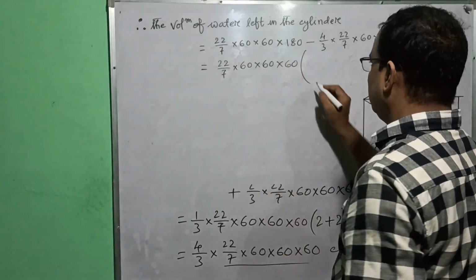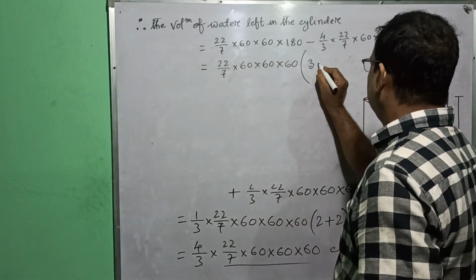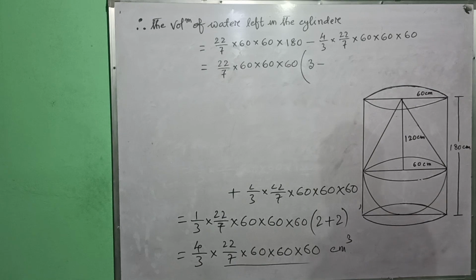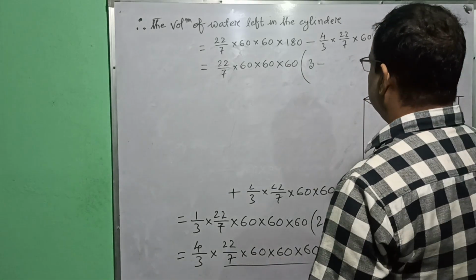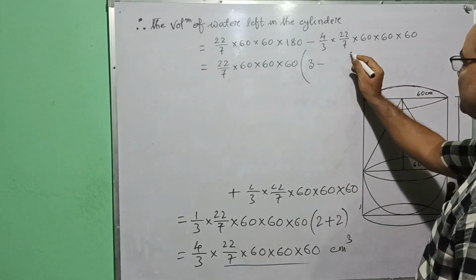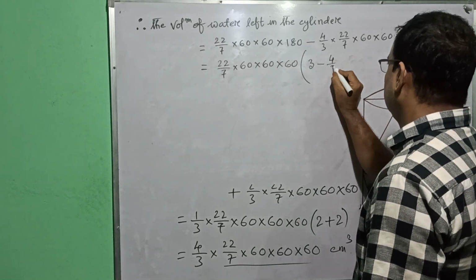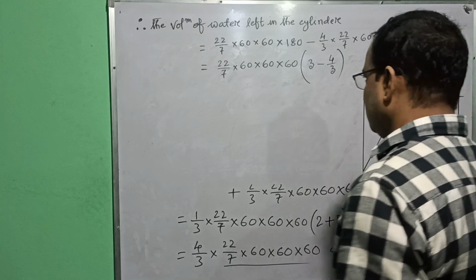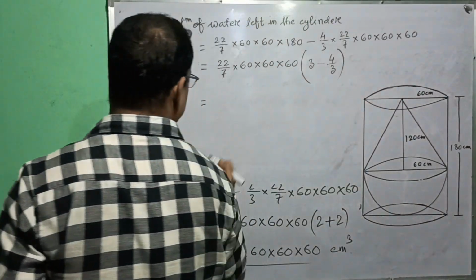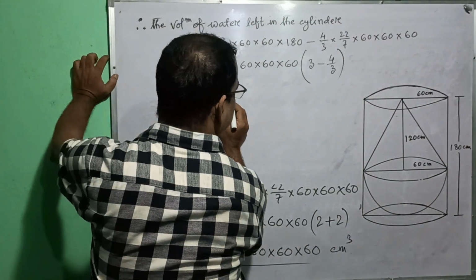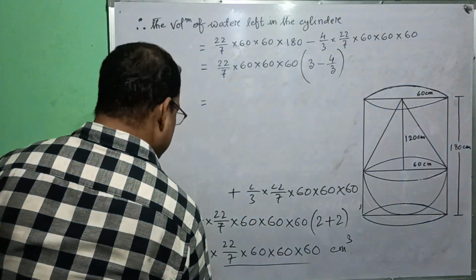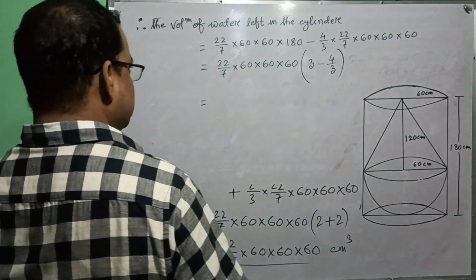Then here will be only 3 minus. Then here will be, that part is taken common. So here will be 4 by 3, equal. Now let us multiply.